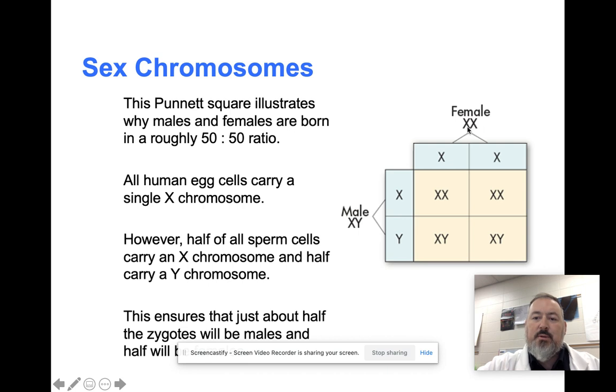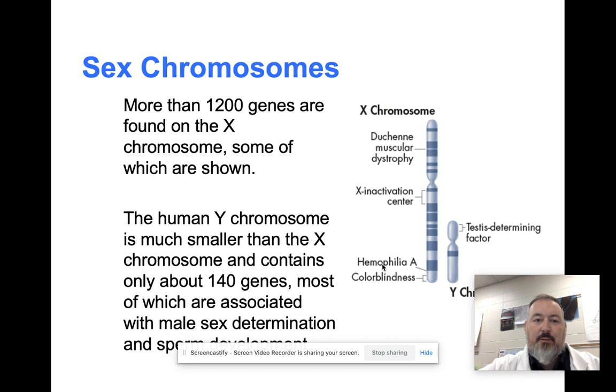You see that the female is going to give an X or an X, while the male is going to give an X or Y. All human eggs carry a single X. However, half of the sperm cells carry an X chromosome, and the other half carry a Y chromosome. This ensures that the zygote, the developing baby, will get chromosomes from both mom and father.